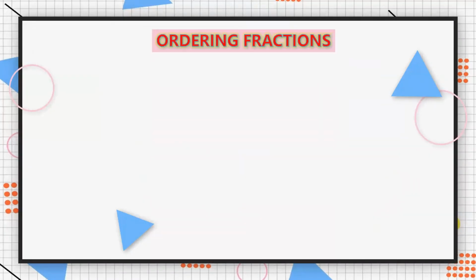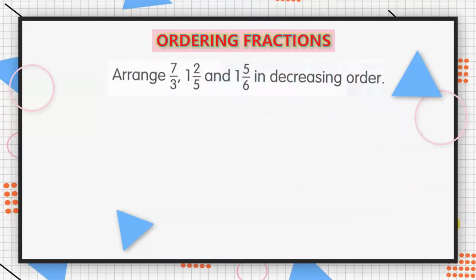Now let's arrange 7 over 3, 1 and 2 over 5, and 1 and 5 over 6 in decreasing order. When we say decreasing, that means we will arrange from greatest to smallest.